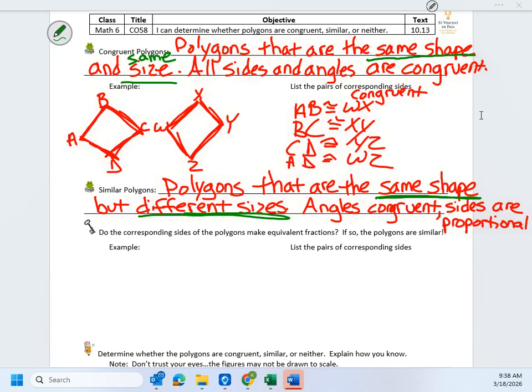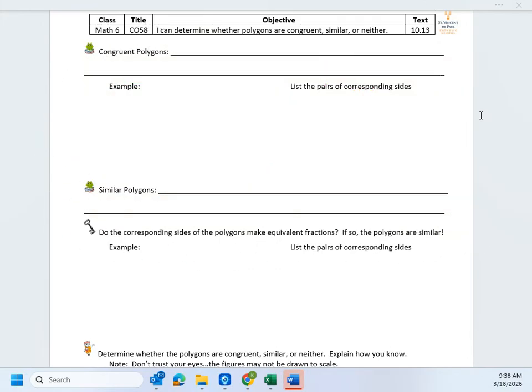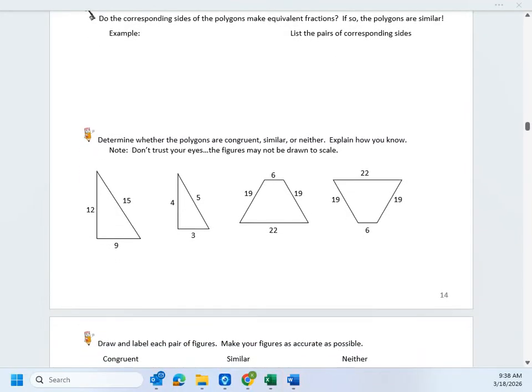Now examples of this. Can you guys see if I leave it down here, or do you want me to scroll up? Is it easier to see if I scroll up in the back? Okay, so I'll erase this. Let's look at examples of those similar polygons. So we might have a triangle that looks like that, and one that looks like that.